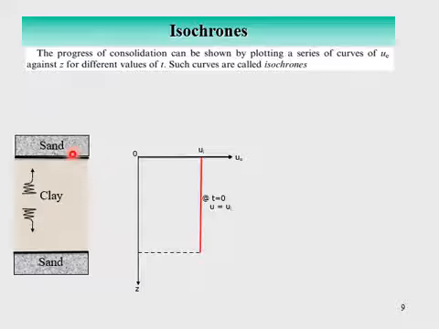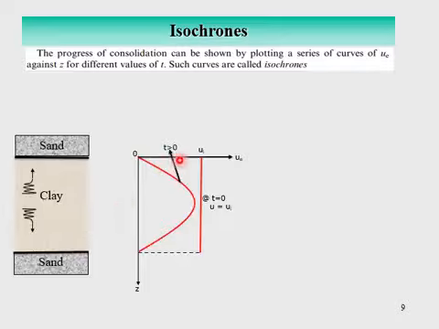As the time progresses beyond 0, the excess pore water pressure at the interfaces would drop immediately to 0 because these are free draining boundaries. Right? Here and here it would drop immediately to 0.